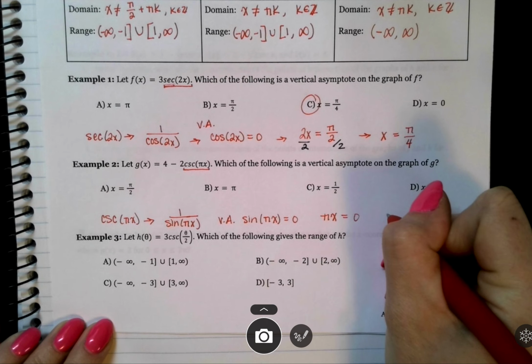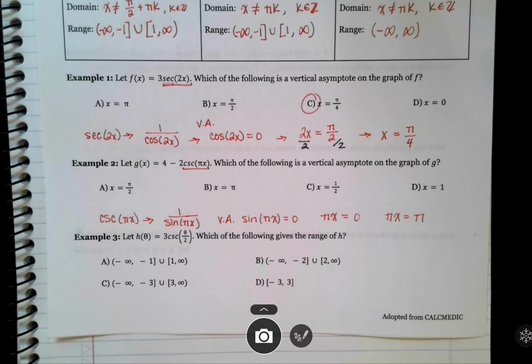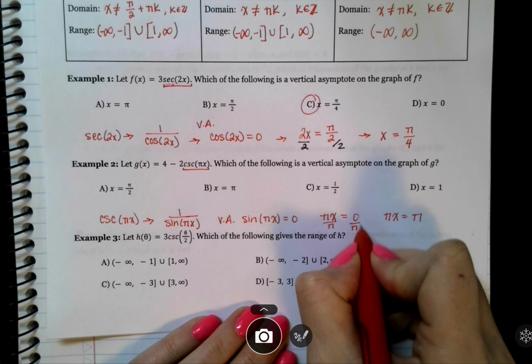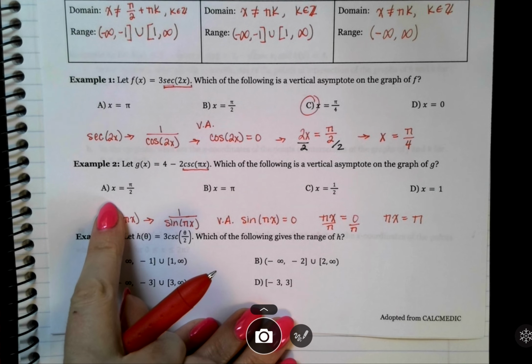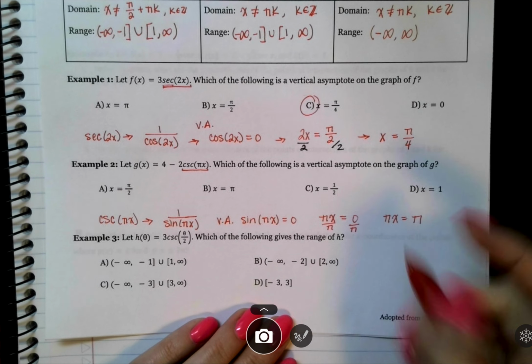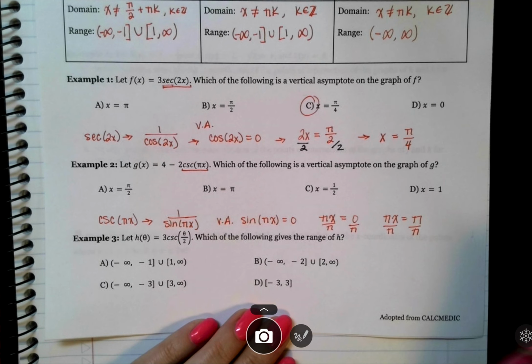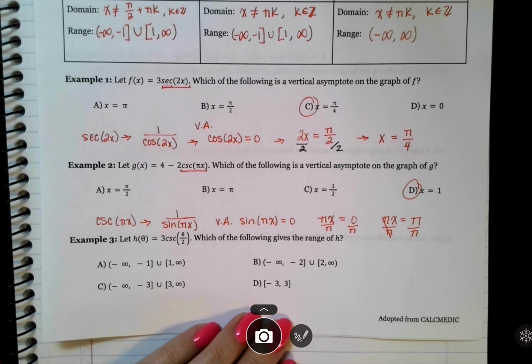So I'm actually going to write both of them down this time. And then when I divide by pi to solve for x, well, 0 divided by pi is 0, and I don't see that as an option. So I'm going to do this one. I'm going to solve for x, divide both sides by pi. Pi divided by pi is 1. And so that would mean x equals 1. So I know that D is my answer for example 2.